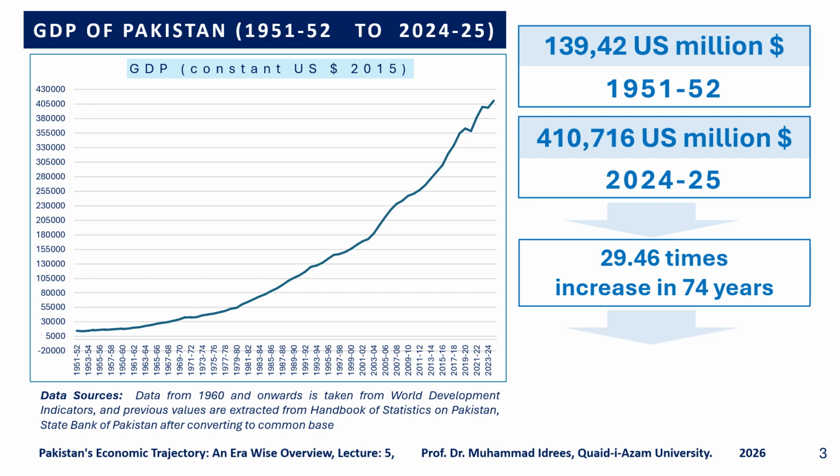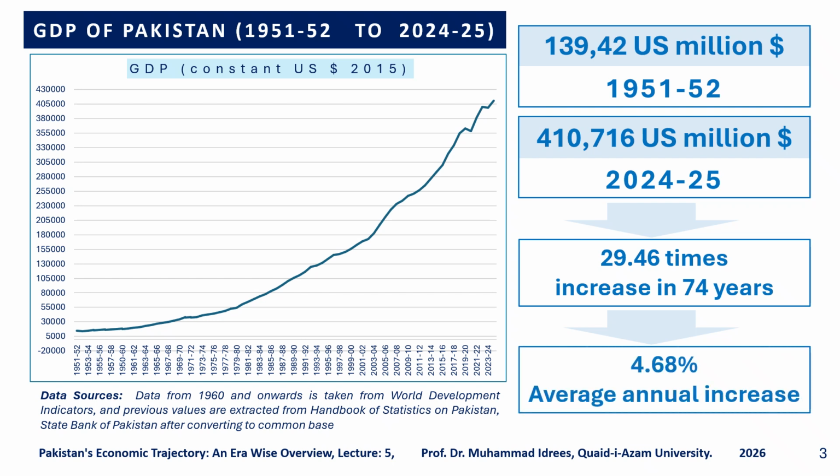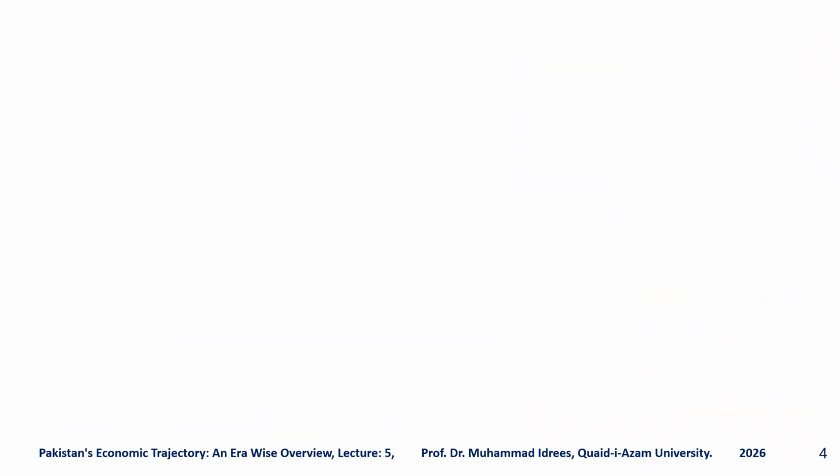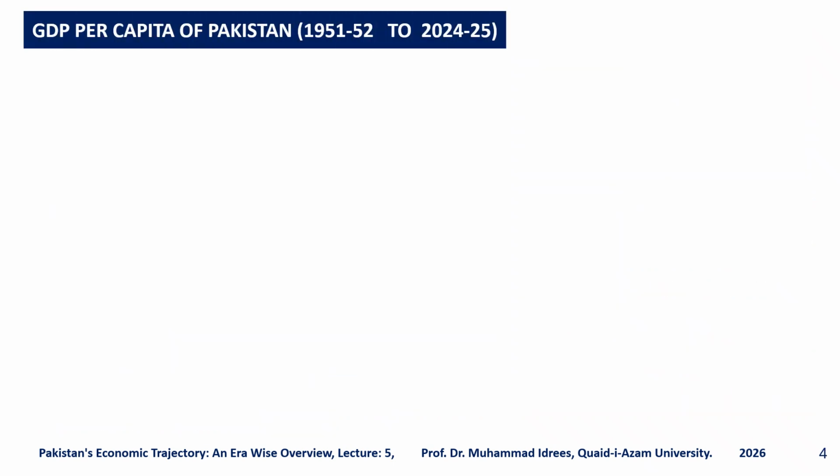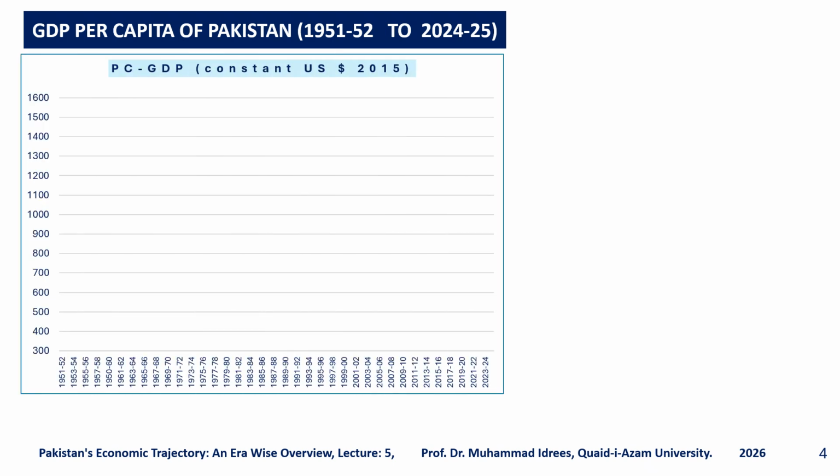This 29.46 times increase during the last 74 years shows that the average annual increase in GDP of Pakistan during these 74 years was 4.68. Now we will look at the figures of per capita GDP, again from 1951-52 to 2024-25.